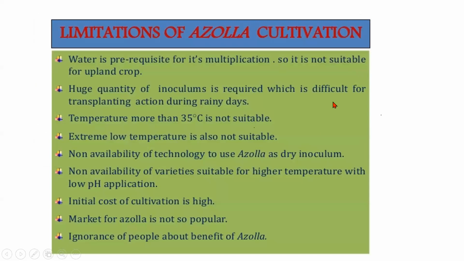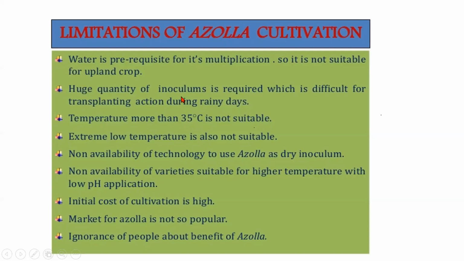But even with so many benefits, there are certain limitations seen in cultivation. Water is a prerequisite for its multiplication. So wherever you find a water source, there only can you go for azolla cultivation.